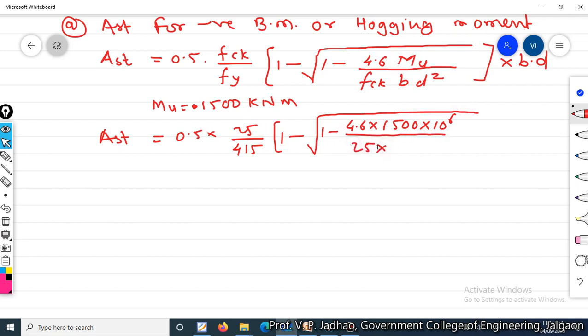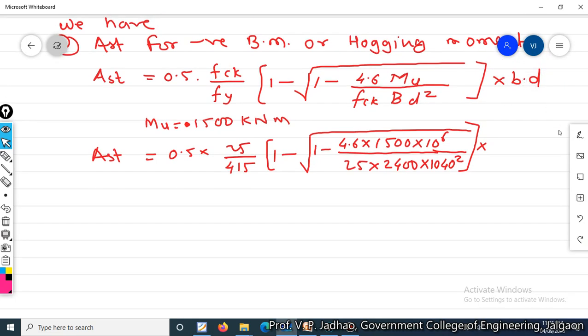B is the width of footing, 2400, which should be considered as capital B, so BD square is 2400 multiplied by 1040 square, and again this whole term multiplied by capital B, the width of footing.